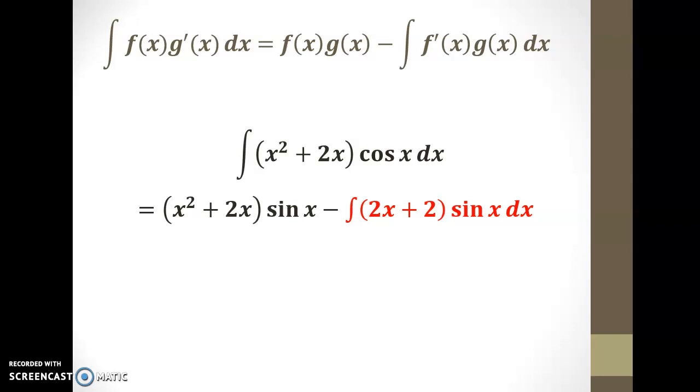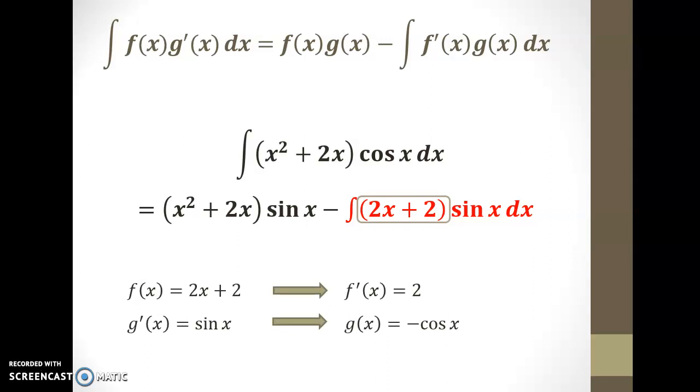The polynomial will still come first when it comes time to choose who will play the role of f. So the good news is the polynomial's degree has reduced compared to what it was initially. We started off with f as being x squared plus 2x, and now in this new integral, f is a first degree polynomial. However, we are still stuck having to do integration by parts.